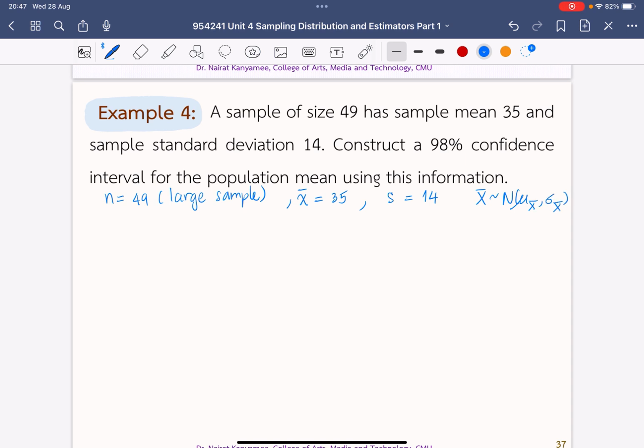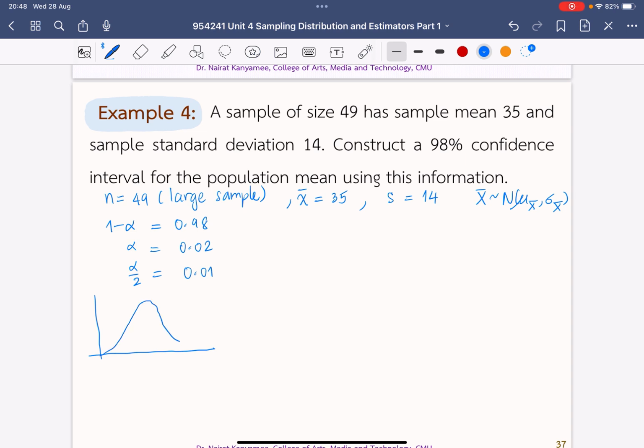So we find the z-score. 1 minus alpha is 0.98, so alpha is 0.02, and alpha over 2 is 0.01. Here we need to look up the table, but we have it already.